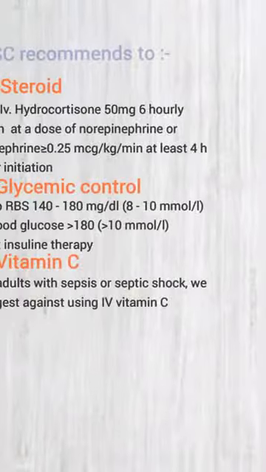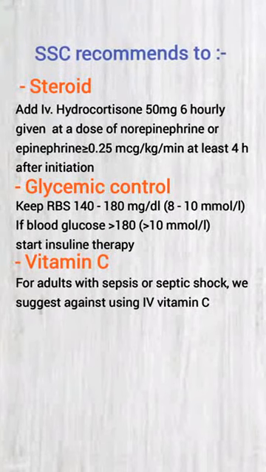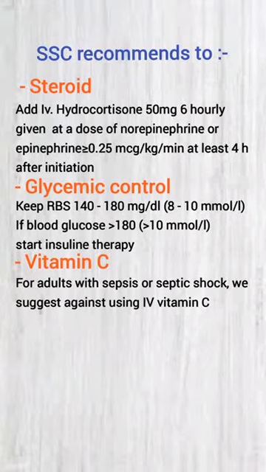The Surviving Sepsis Campaign recommends adding a steroid, which is hydrocortisone intravenously at a dose of 50 mg 6-hourly, when the ongoing norepinephrine or epinephrine dose becomes more than 0.25 mcg per kg per minute, at least 4 hours after initiation.